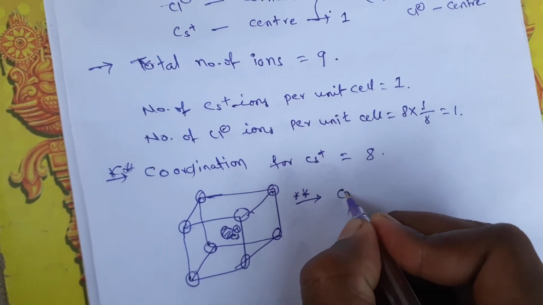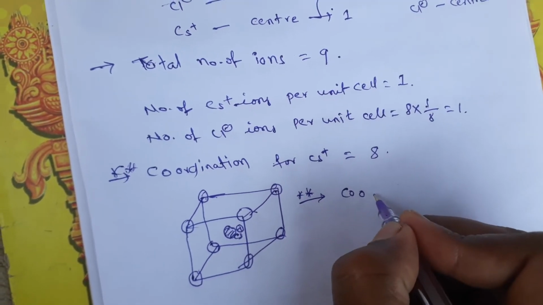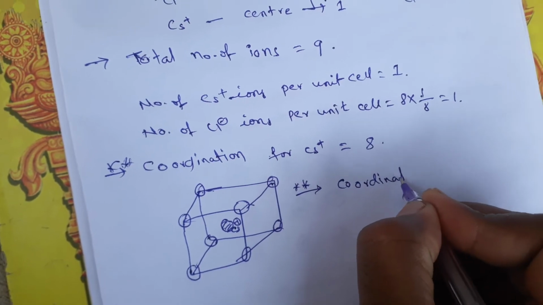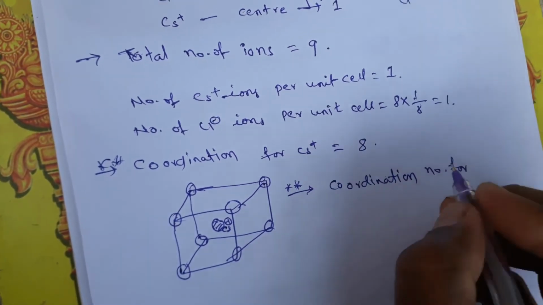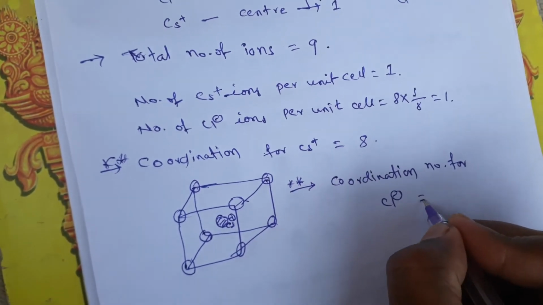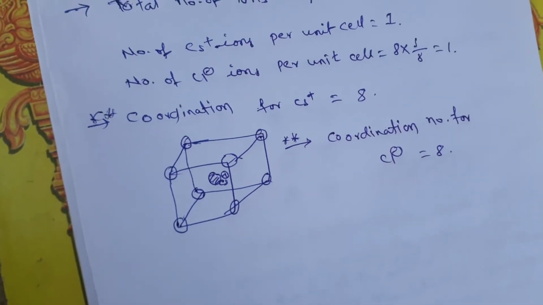And the coordination number for Cl minus is also 8.